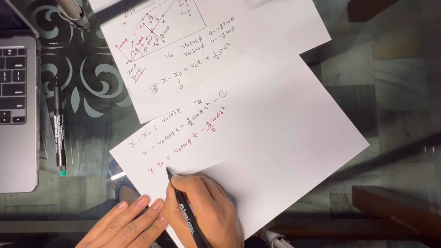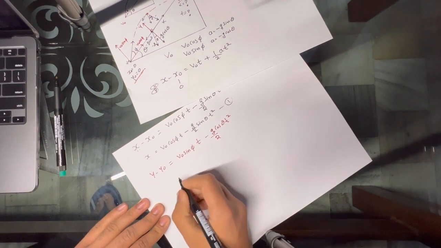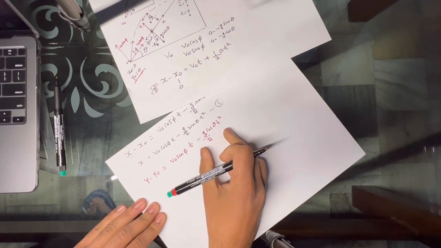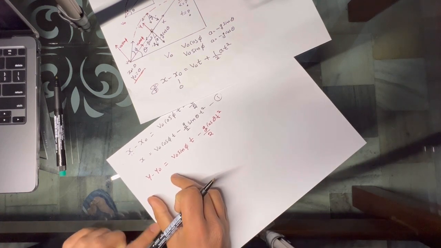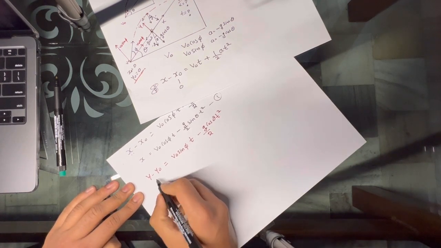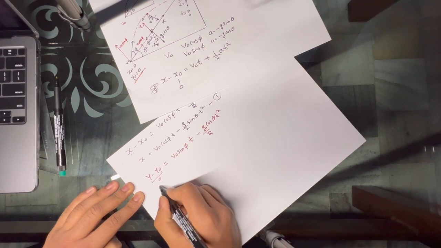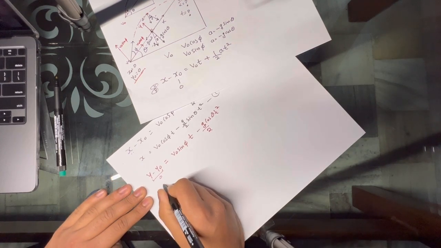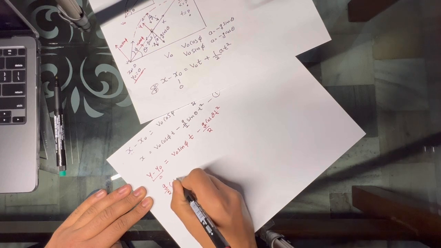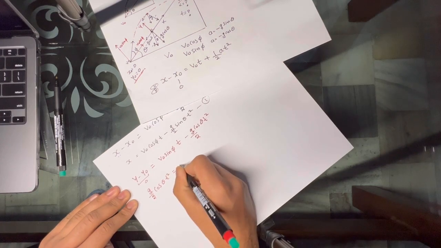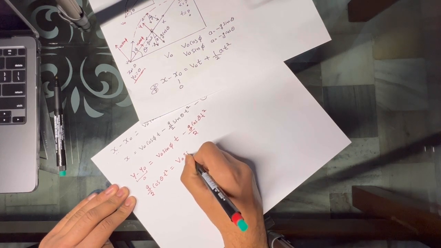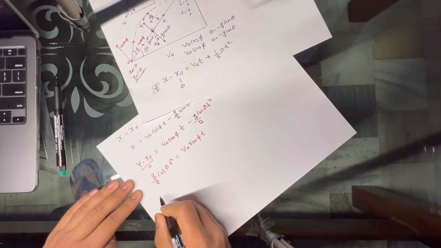So this is 0, as I discussed here. So this term will come here and become positive. Let's write it down. This is equal to 0, and this term will come here. It will be g by 2 cos theta t square is equal to v naught sine phi t.